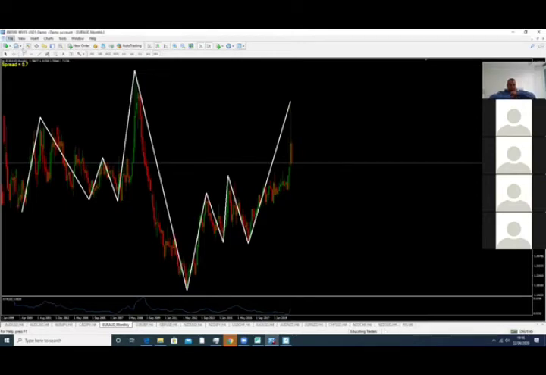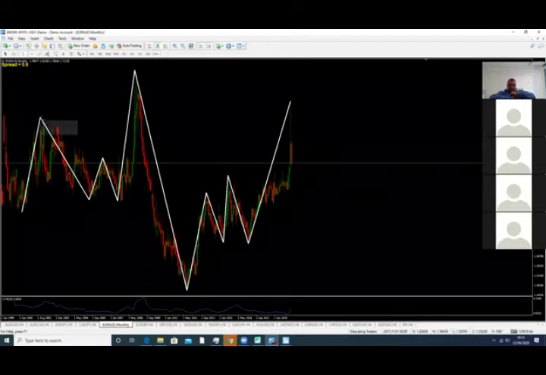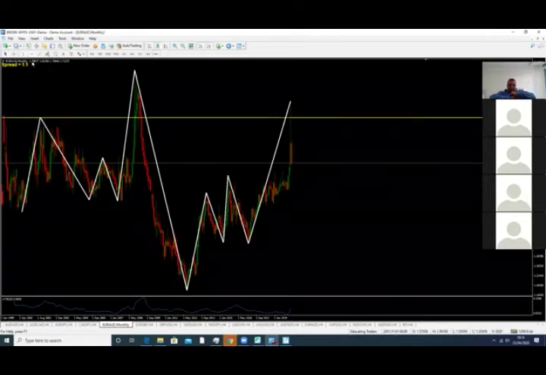Okay, guys. So basically, I've got an indicator that I use to draw the supply and demand zones for me, to tell me where the turning points are, so that I have a consistent way of doing things. This indicator draws these lines. You can use a zigzag as well.